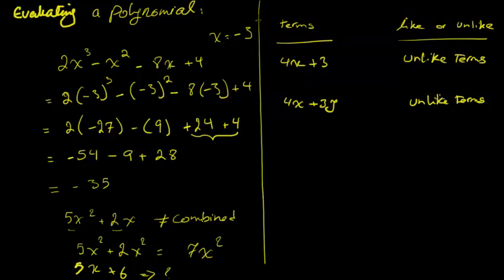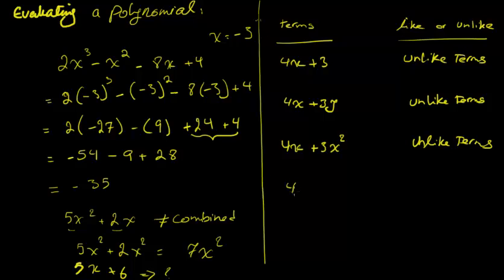The variables don't match in each term. Let's say we have 4x plus 3x². Are these two like terms or unlike terms? These are unlike terms. The second term has the same variable as the first one, but the degree is different, so they are unlike terms.